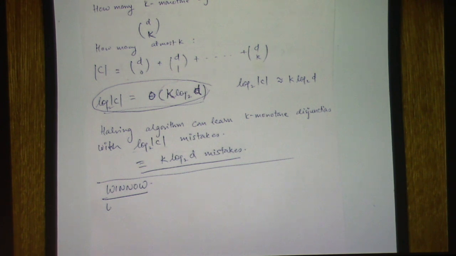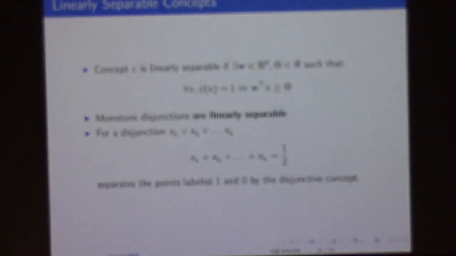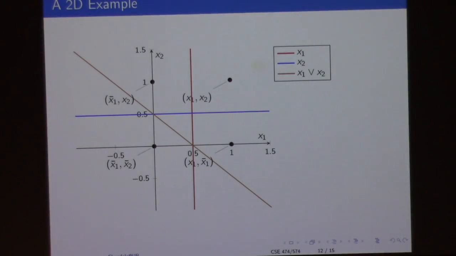Alright? Okay. Alright, so let's go back to this. The way Winnow works is that it is an algorithm which tries to draw a line between points. Okay, so it's a geometric algorithm. What it does is that it puts your points on a coordinate space, like this.